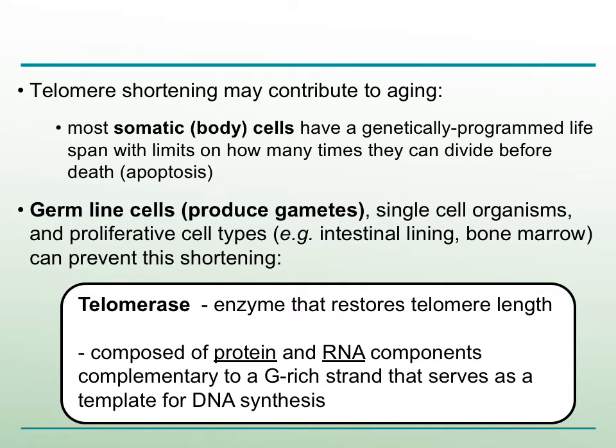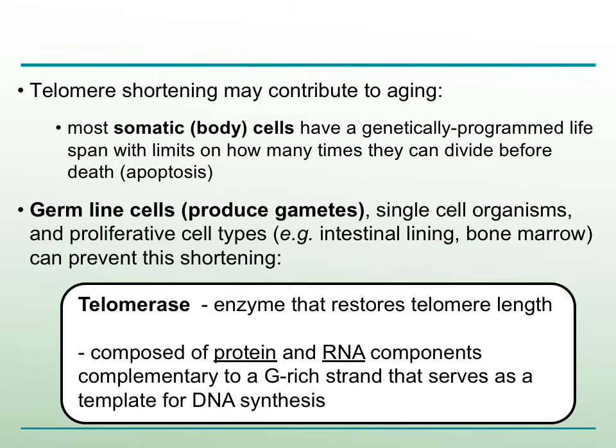Single-celled organisms would have to do the same thing. They would have to have a way to prevent shortening of telomeres, which would result in the death of the organism. That enzyme is called telomerase. It can restore the length of a telomere.